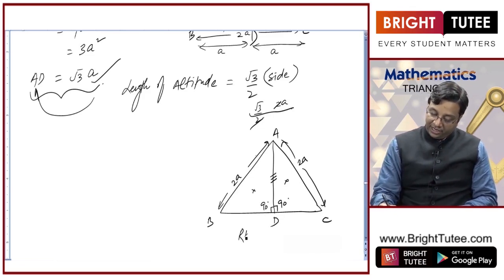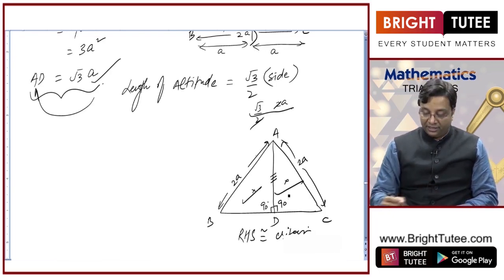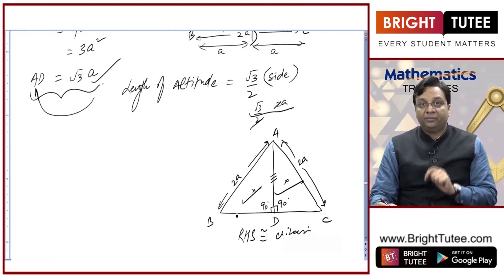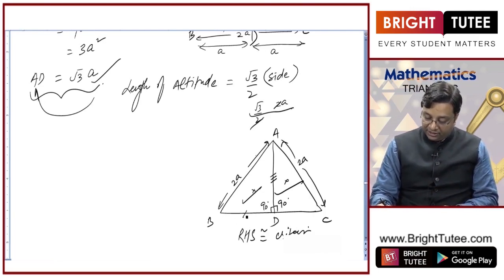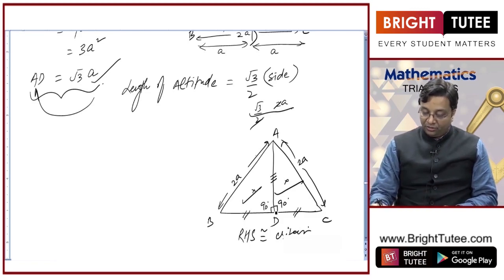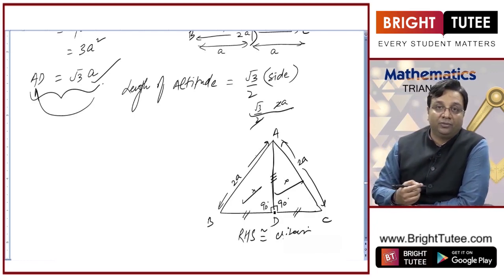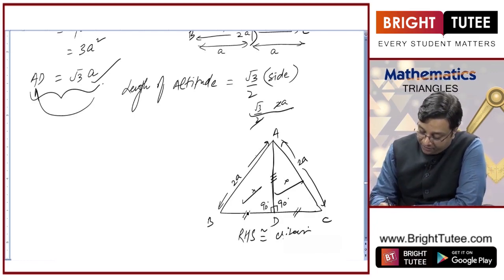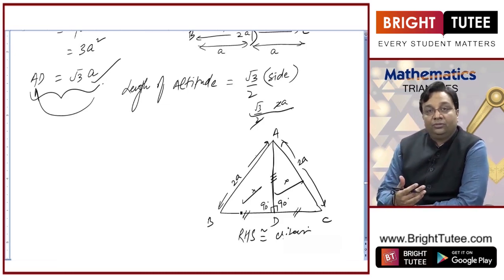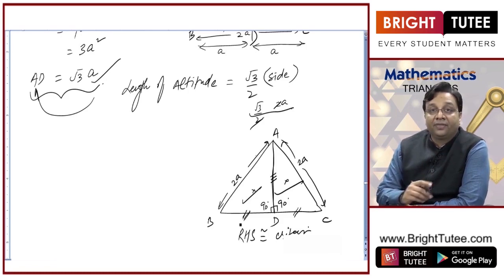So, by RHS congruence criterion, these two triangles are congruent to each other, hence their corresponding parts are equal. So, this segment here is equal to this segment by CPCT. So, you can always say that when you drop a perpendicular in an equilateral triangle from any of its vertices, it will act as median also for the other side, or it will divide the other side in two equal parts.